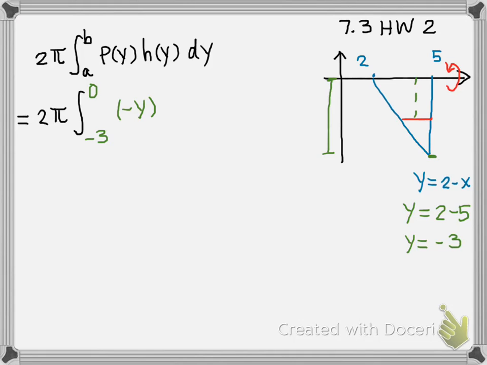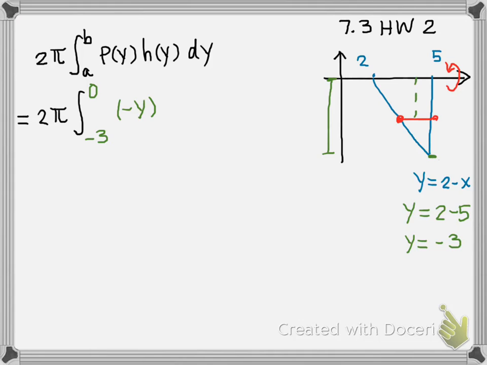Now to find h of y, which is the length of that red line, you need to understand the x value is from x equals 5, which is the vertical line, to the line y equals 2 minus x. And we need to represent x by y. So we need to go from here to there.